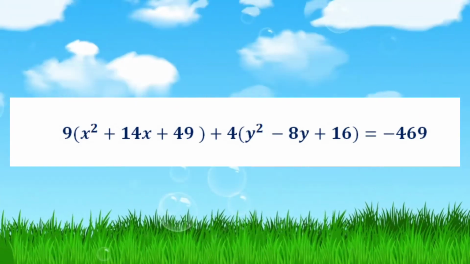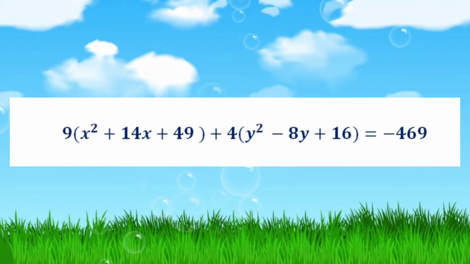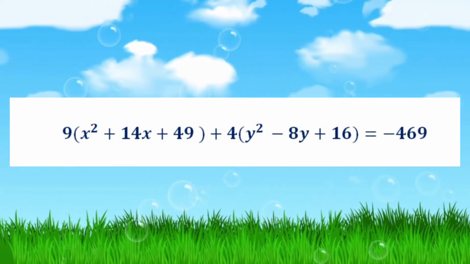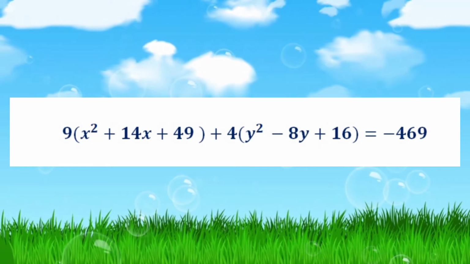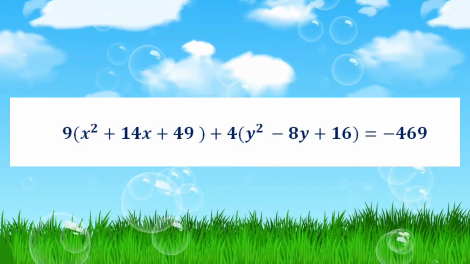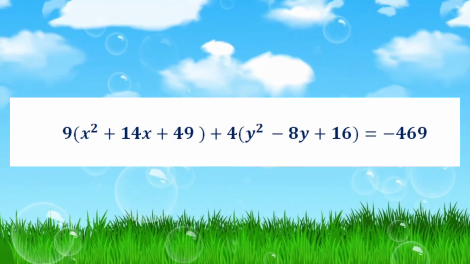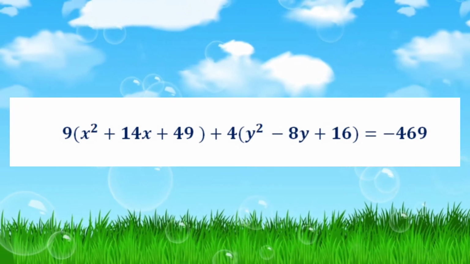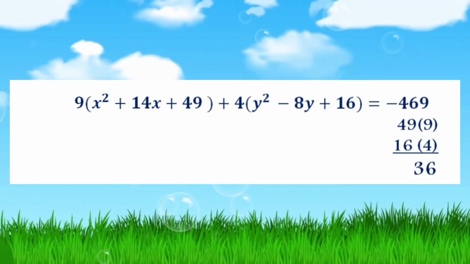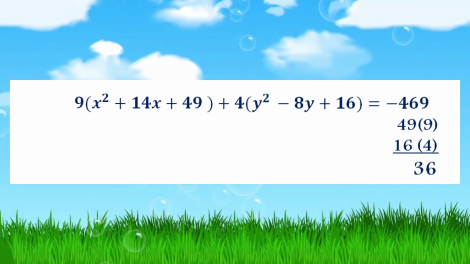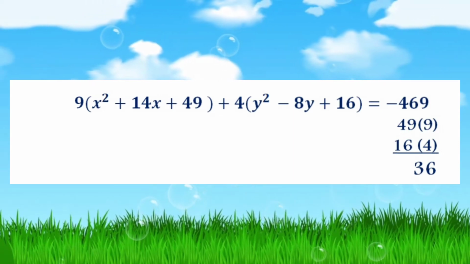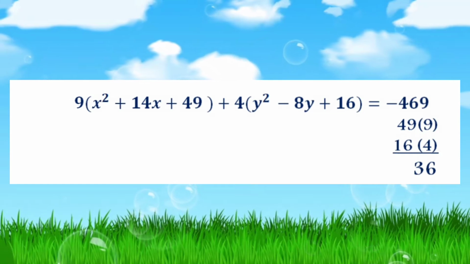So as you can see, the values 49 and 16 are the c. We should remember that what we add on the left side will also be added on the right side. So as we add 49 to the left side, we will also add 49 to the right side. And as we add 16 to the left side, we will also add 16 to the right side.